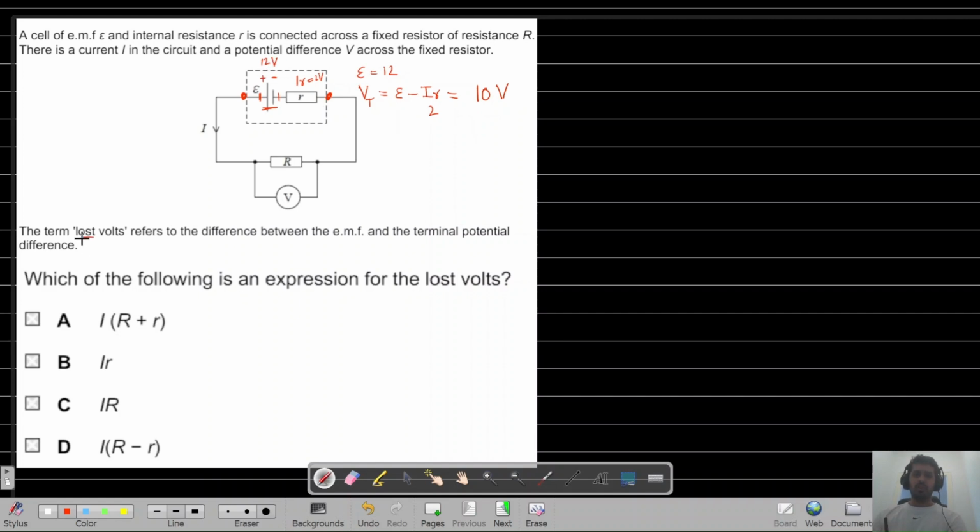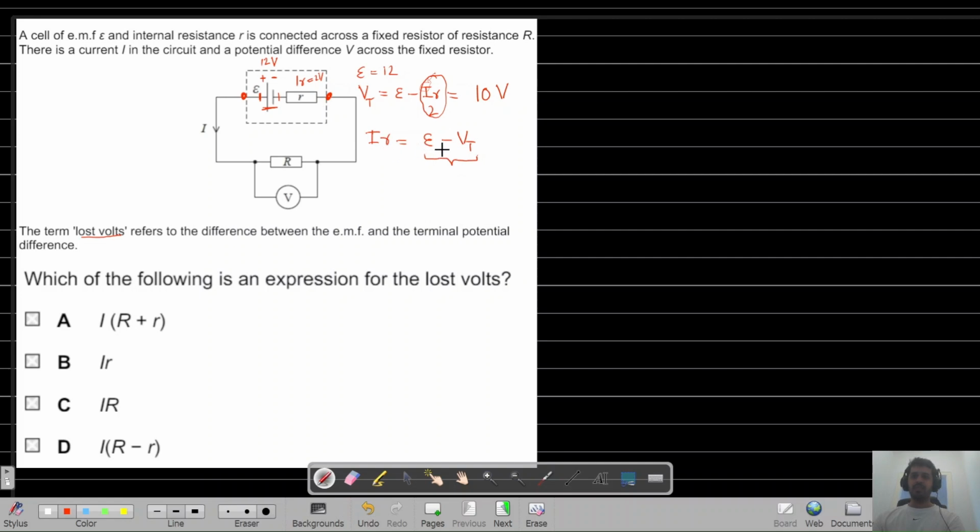So this lost volts refers to the difference between EMF and the terminal potential difference. If you look at this equation, this is the lost volts that they are referring to, right? So if you rearrange this equation, Ir will be equal to EMF minus VT, right? This is the terminal voltage, and this is the difference of the EMF and the terminal voltage.